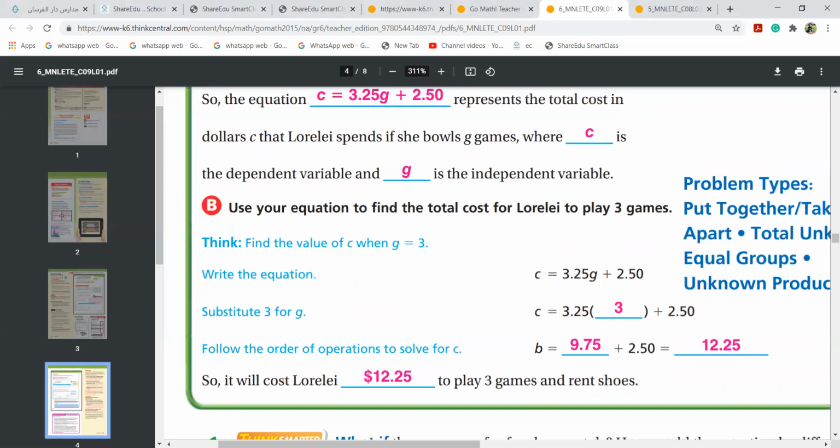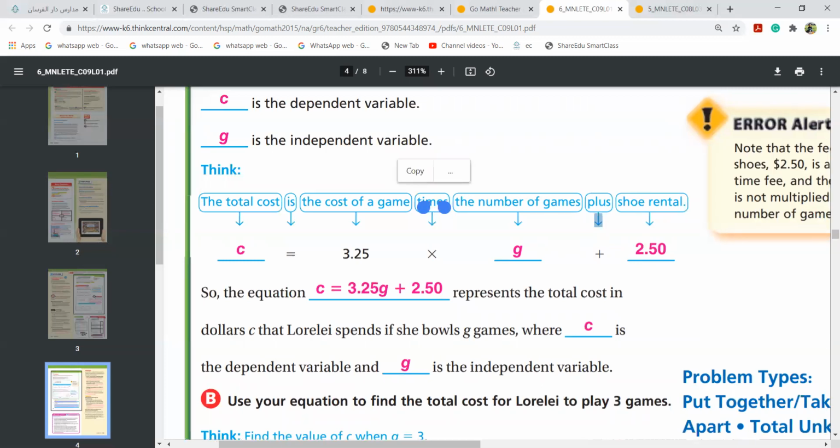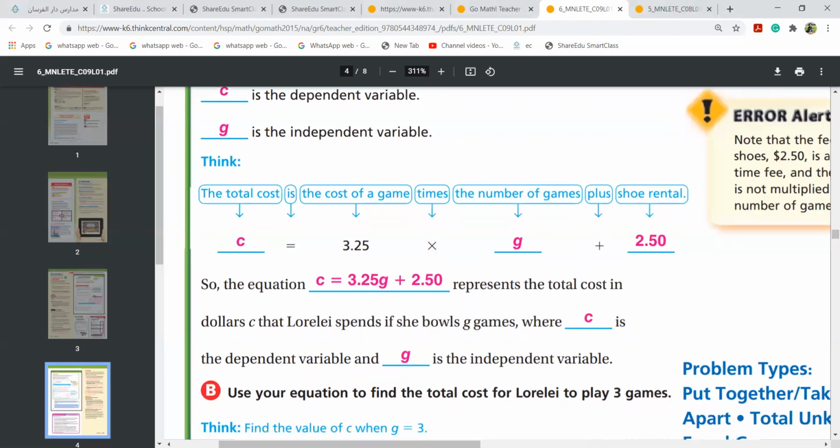What is changing, Vateen, here? The number of games is changing. Is the cost of the game changing? It remains the same, 3.25. What changes? The number of games. If the number of games changes, then the total cost changes. For example, if it is 5 games, the cost will be different. If it is 6 games, the cost will be different.